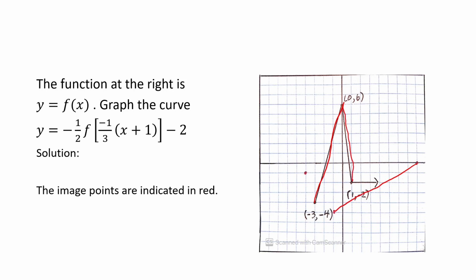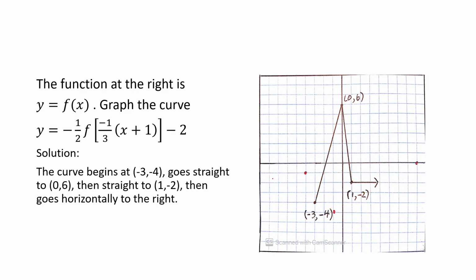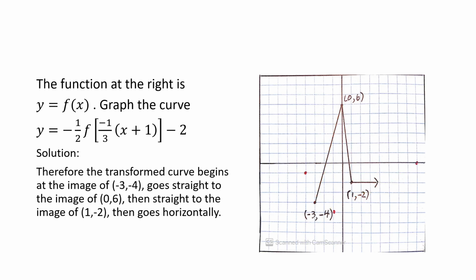Since the original function goes from (0, 6) to (1, -2), we'll go from the image of (0, 6) to the image of (1, -2). And since the original function moves to the right horizontally after that, and since our curve has a reflection in the y-axis, we will move to the left horizontally. So ultimately, that's what our function is going to look like. Okay?